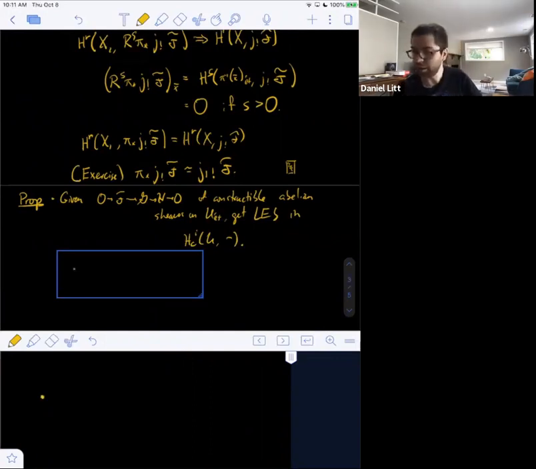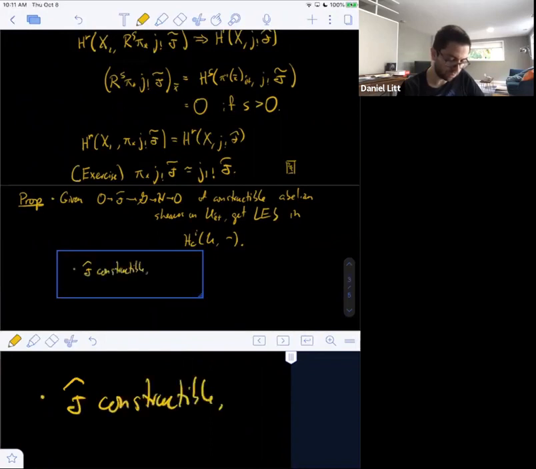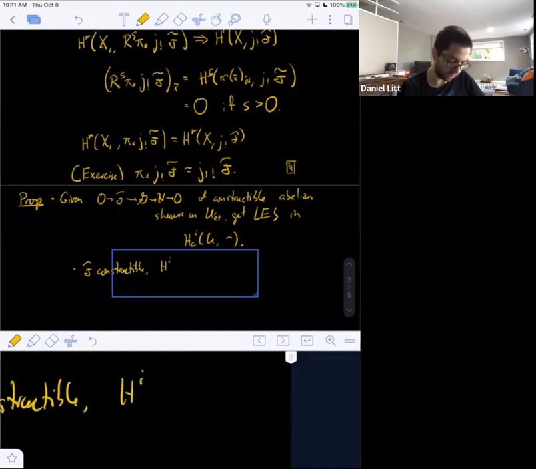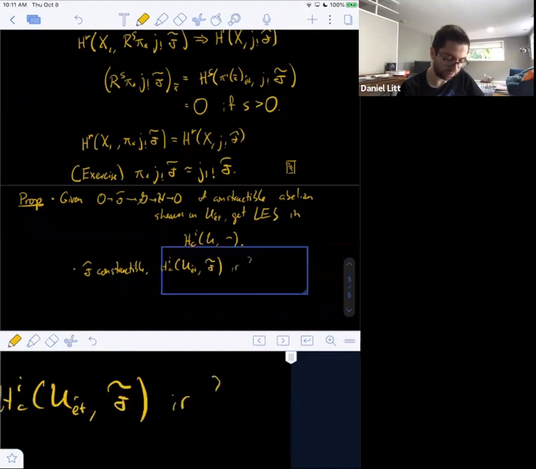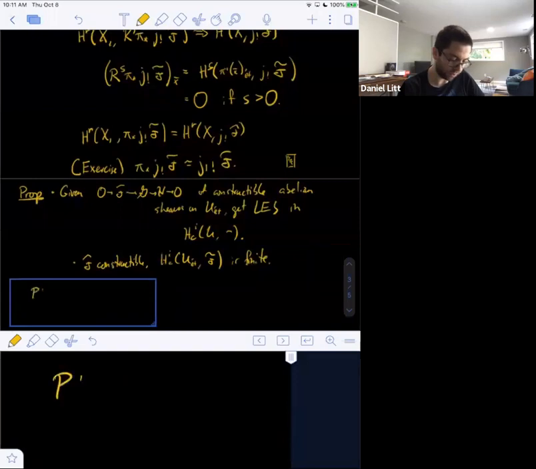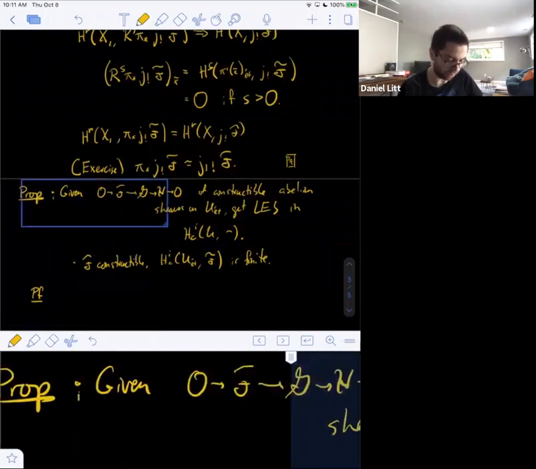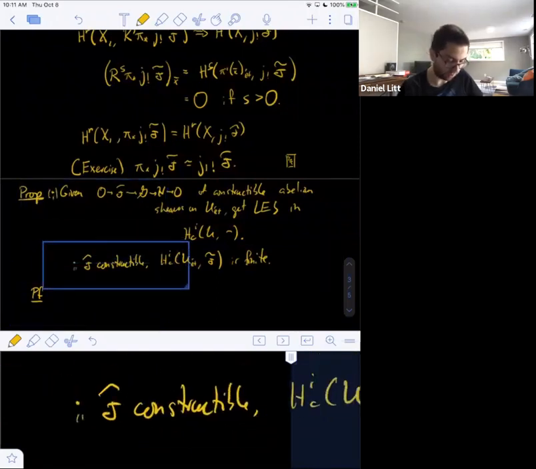And second of all, if F is constructible, then the compactly supported cohomology of U with coefficients in F is finite. All right, so let's prove this. Let me number these 1 and 2.